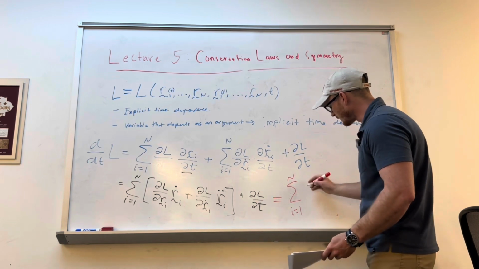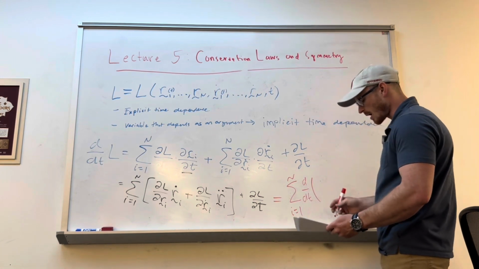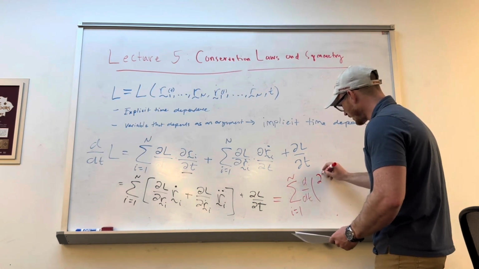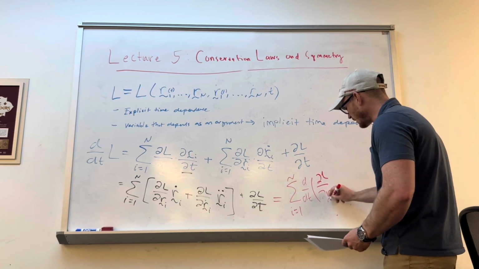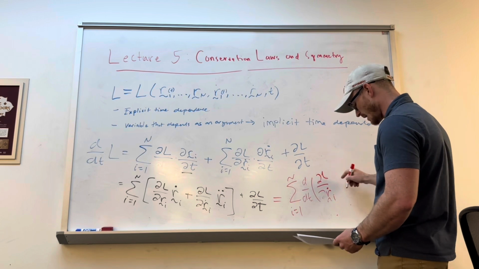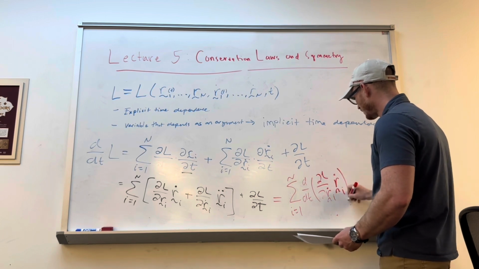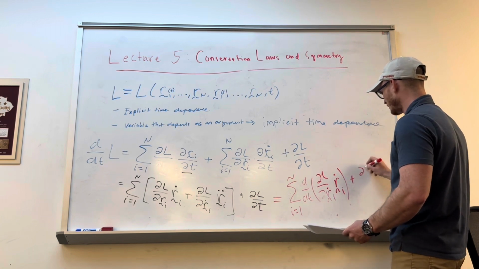And I'm going to argue that this is equal to the sum of d dt of the product of partial L partial ri dot times ri dot, plus partial L partial t.